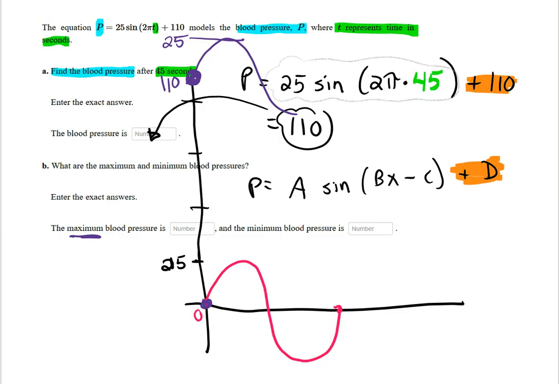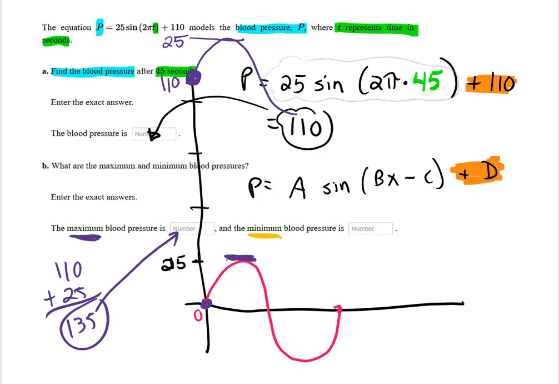So your maximum blood pressure is going to be 110 plus 25, which is 135. That's what's going to go there. And then the bottommost blood pressure, which on the original, this would be my maximum, and then my minimum would be down here. But remember, this whole thing went up by 110.